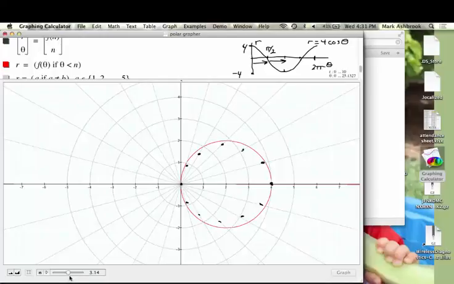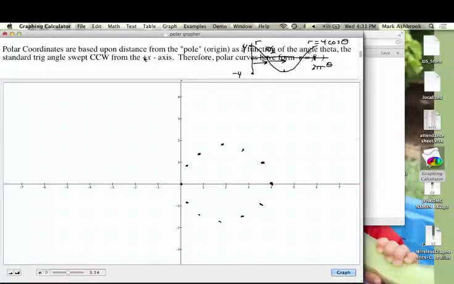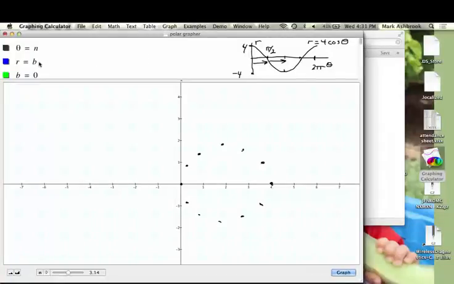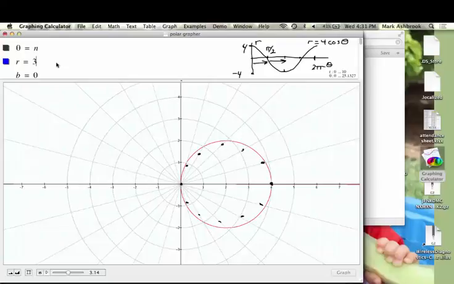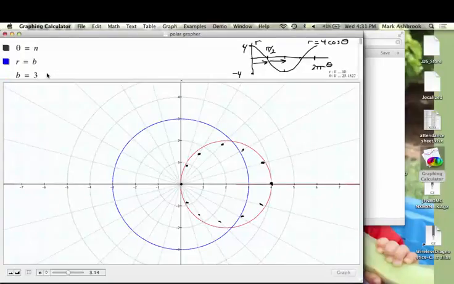Now let's think about that other circle, r equals 3. Can we find the intersection points of these two circles?